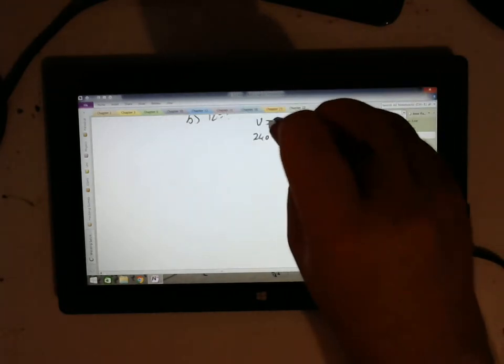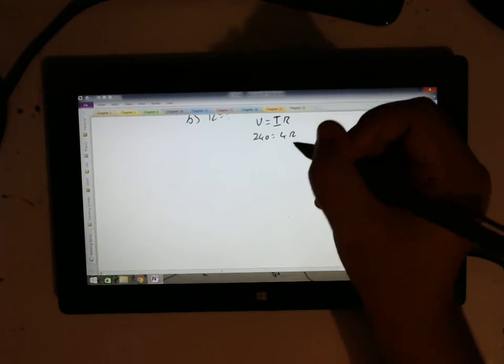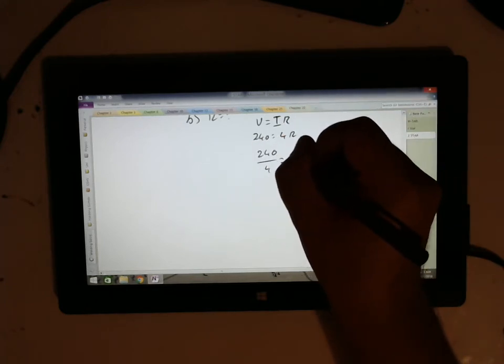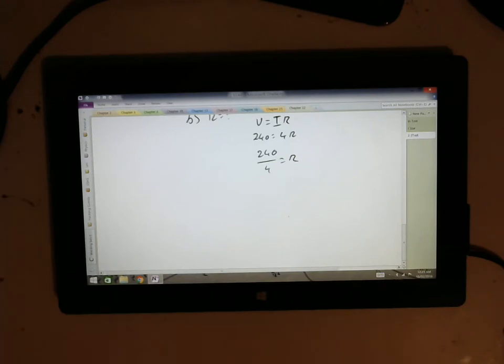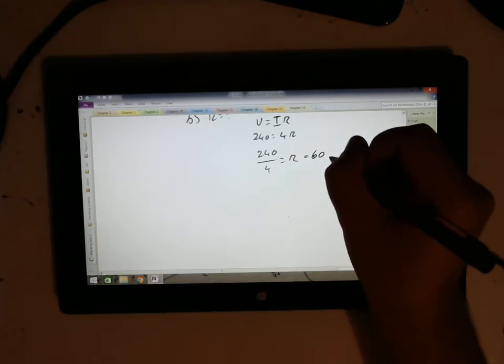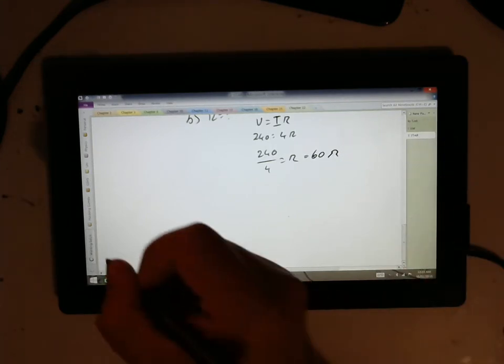Redo that I, because it looks like a plus minus sign. So 240 divided by 4 equals R. 240 divided by 4, let's see, that's going to be 60. 60 ohms. And we've got our answers.